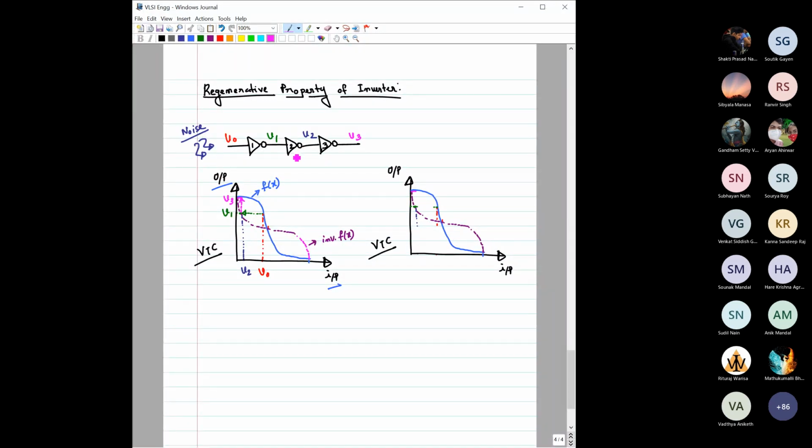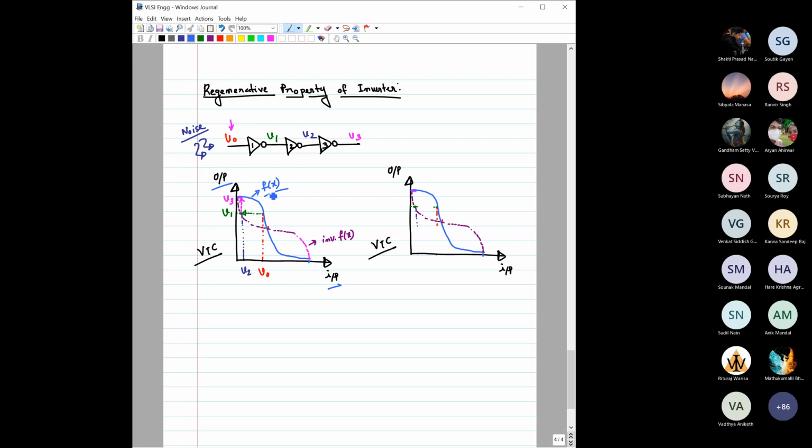Okay, so let us come back to this. We have 3 inverters connected in series, and the first input is V naught, right? And as mentioned, let us say that these 3 inverters are identical. So if they're identical, their VTC is also expected to be identical. And say the VTC is something like this, the blue one.